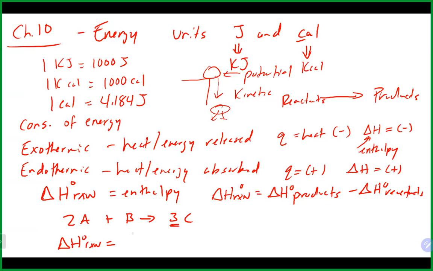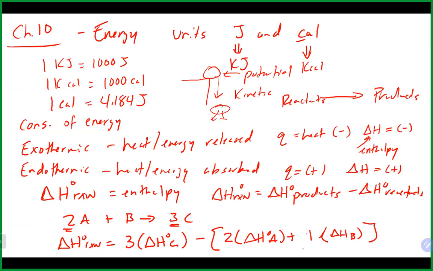So that would be 3 times the delta H value that you would find in a table for C. You then would subtract from it all of your reactants, where you would take 2 times the delta H value for A that you would find in the table, plus 1 times the delta H value for B in this particular table, whatever that may be. And again, that will give you either a positive or negative value for the delta H of the reaction. That will tell you if it's an endothermic or exothermic reaction overall. Any questions on that there?